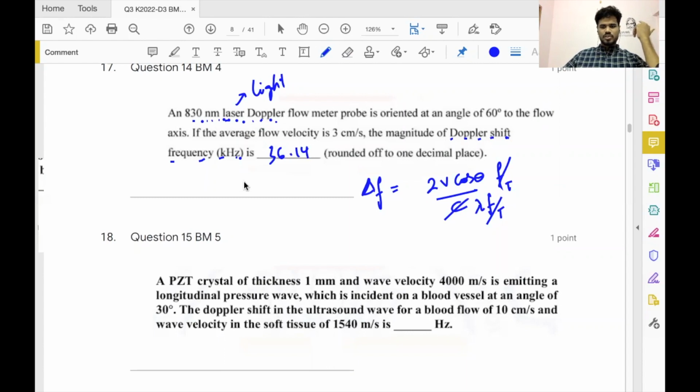Make sure you do all the units carefully. So V is actually 3 into 10 power minus 2 meter per second. And then cos theta is cos 60. Then our lambda is 830 into 10 power minus 9 meters. So this is in meter per second, this is in meters, so they will cancel and we'll get per second.